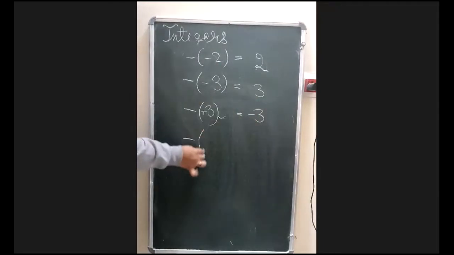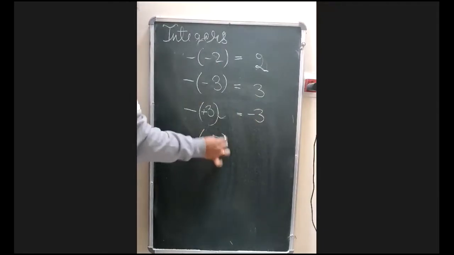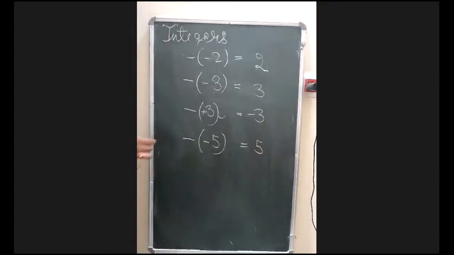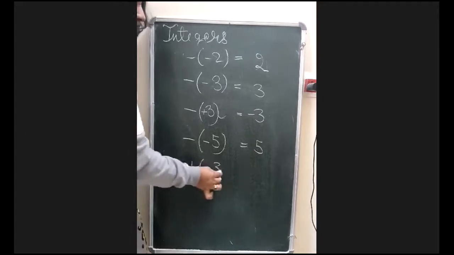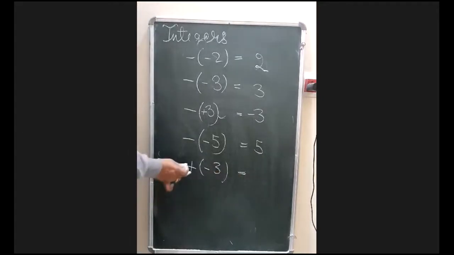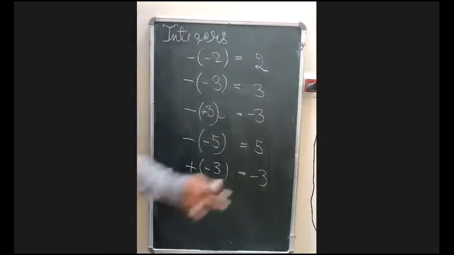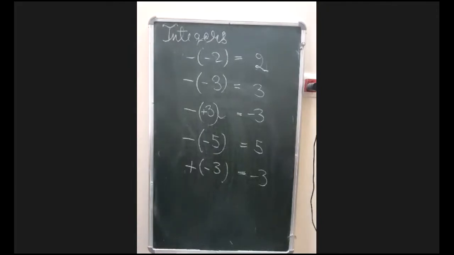Suppose it is written minus 5 and inside minus 5, it will give you plus 5. Okay, suppose here there is plus and inside a minus sign, it will give you plus minus, minus. It means two different signs coming together will give you only the sign of minus, and two same signs coming together will give you the plus sign. So this is all about sign conversion.